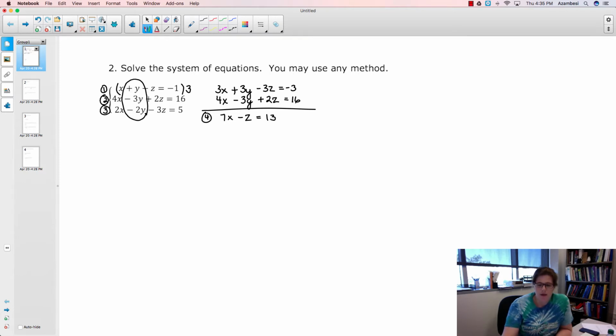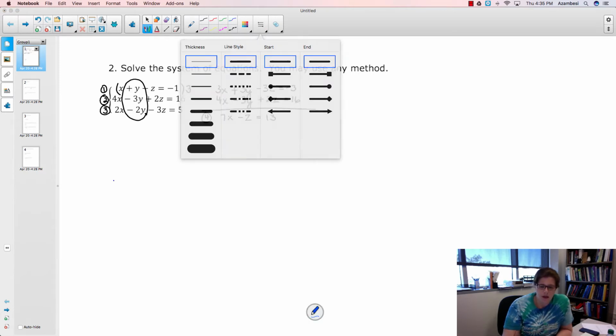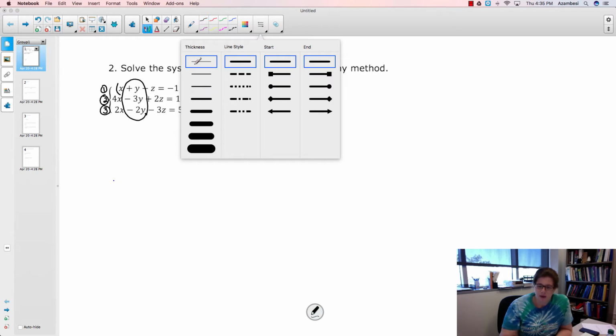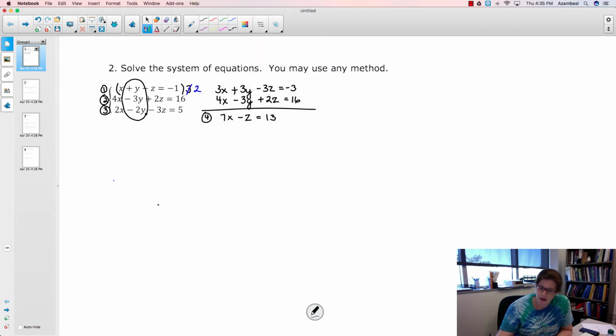And I'm going to do a similar thing with equation number 1 and equation number 3 this time. So I need to multiply by 2. So looking at my new set, I have 2x plus 2y minus 2z is equal to -2.